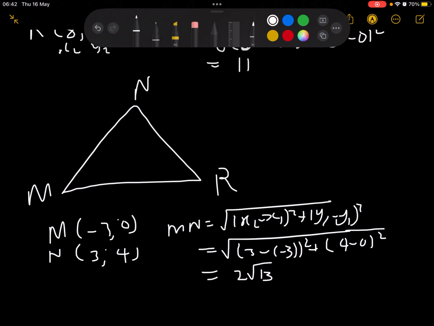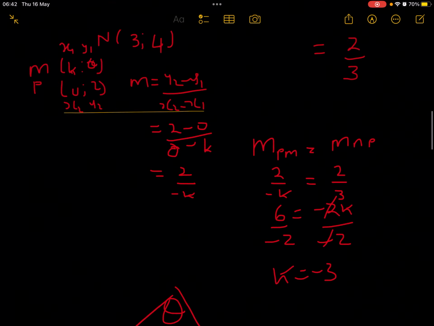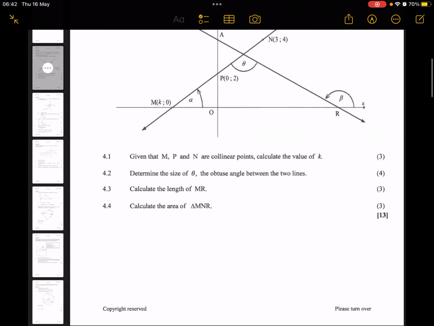Now, we have this length, we have this length, and we have this angle here. What is that angle there? The angle there is angle alpha.